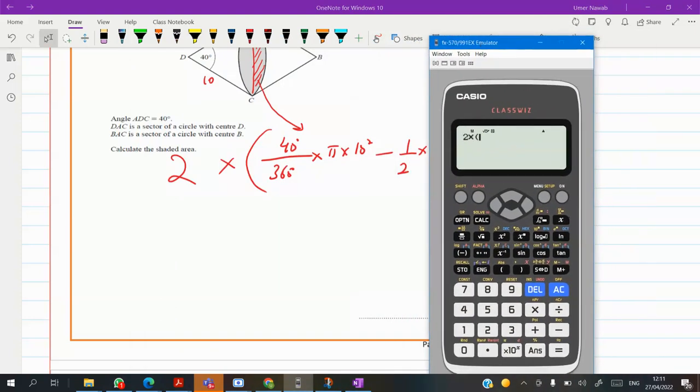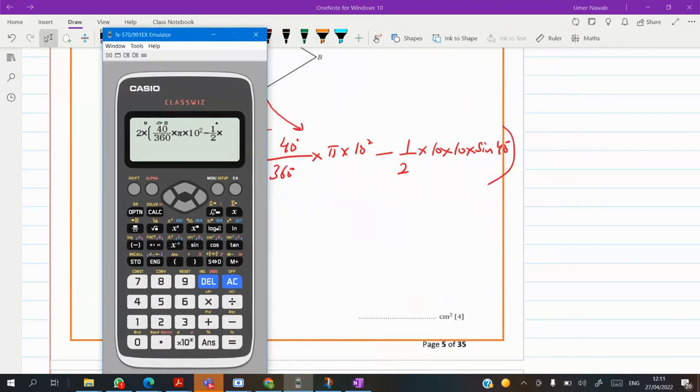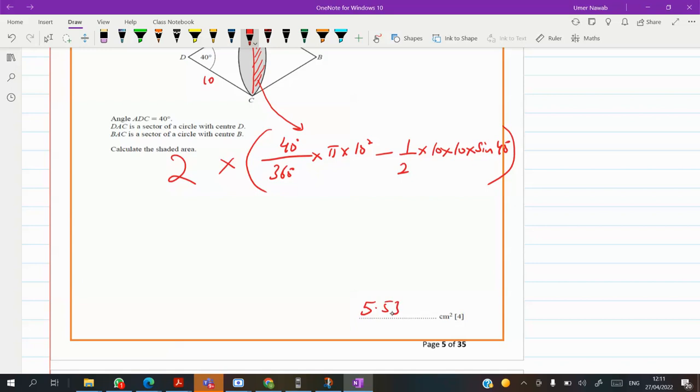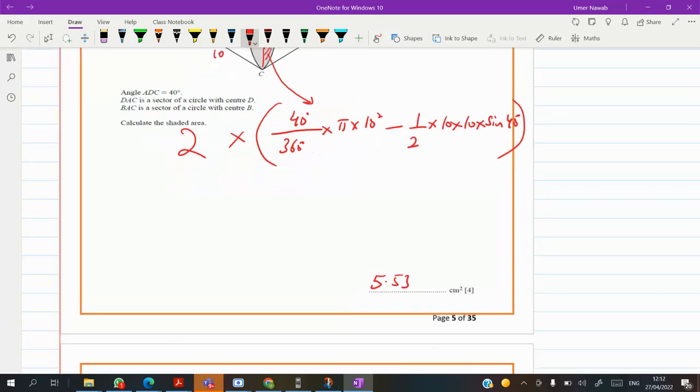So 2 times bracket open 40 over 360 times pi times 10 squared minus area of a triangle, half times 10 times 10 times sine of 40, and then close the bracket. You get your answer 5.53.